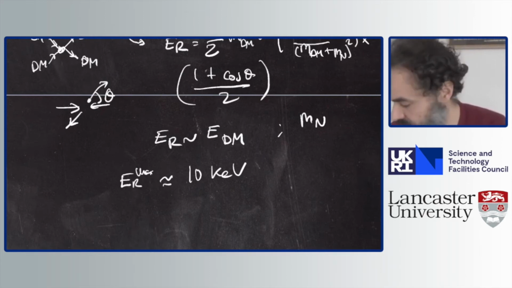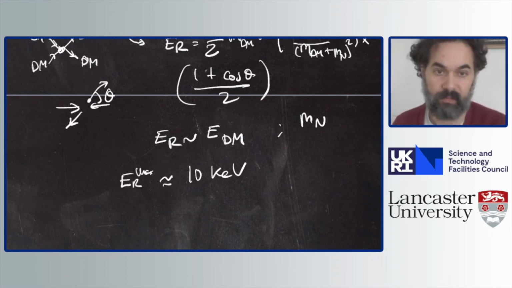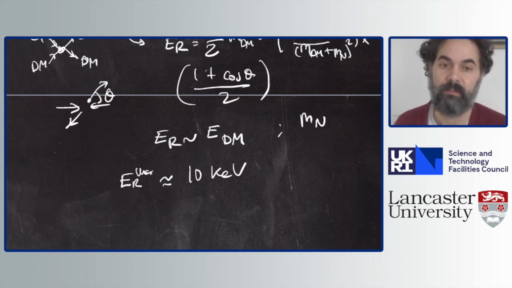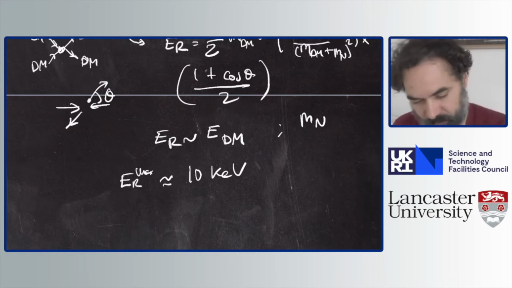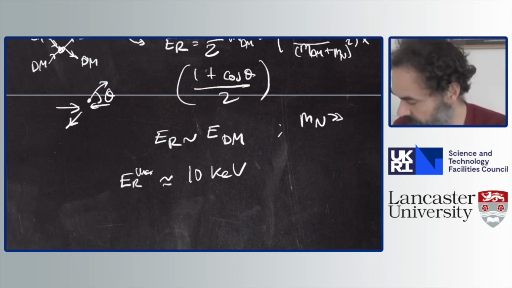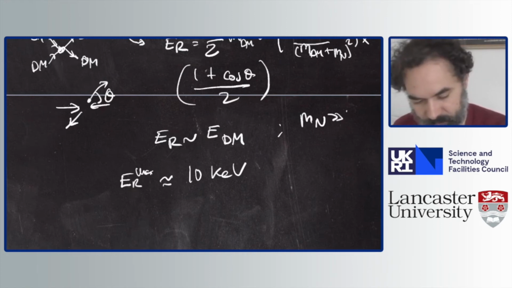This mass can be, for instance, the mass of xenon or of any other element that you use as a target. Let's assume that this is bigger than the mass of the dark matter.